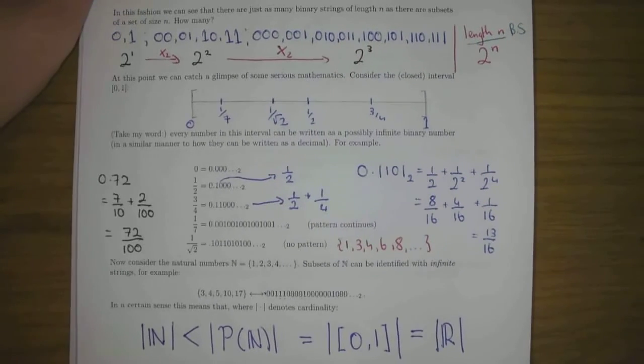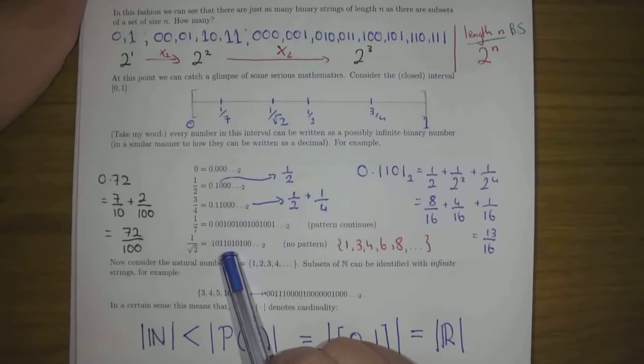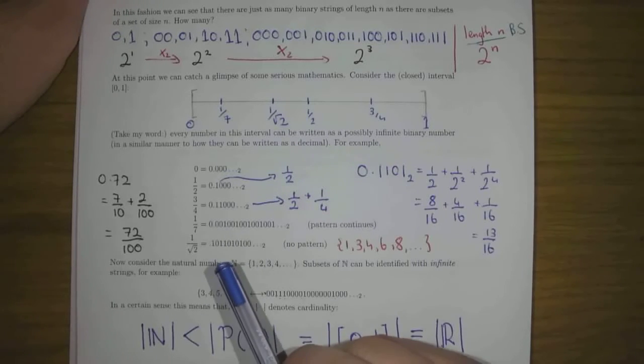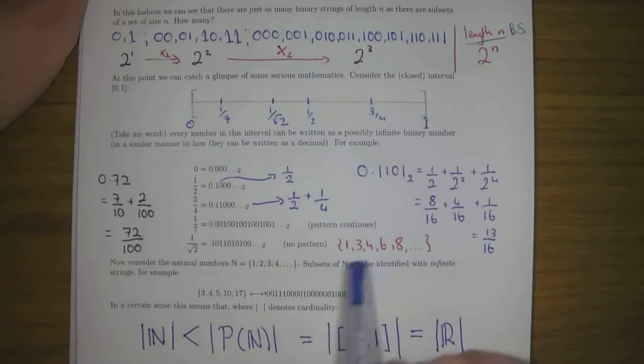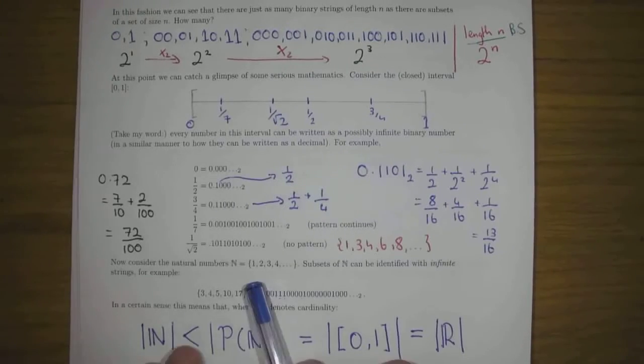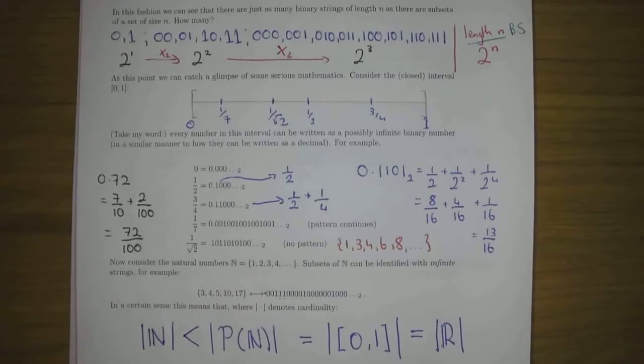And what we're going to show here is that for every subset of the natural numbers, you have an infinite binary string, and for every infinite binary string, you have a subset of the natural numbers. Just kind of doing it in the same way as above. So imagine the numbers that you're thinking about taking a subset of. There's the natural numbers 1, 2, 3, 4, 5, 6, 7, 8, 9, 10, 11 going on forever and ever.